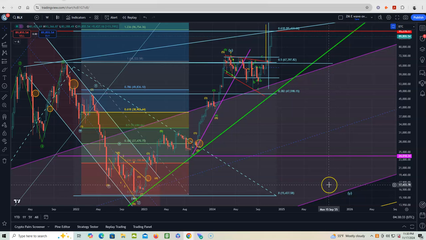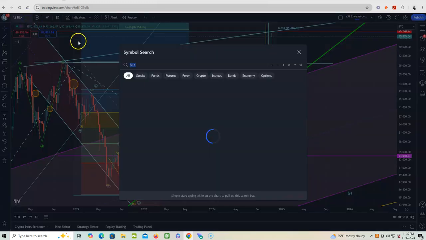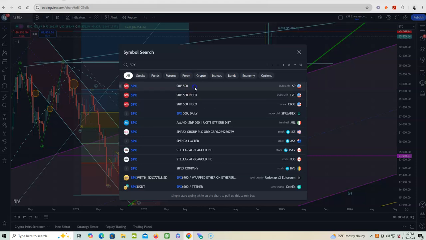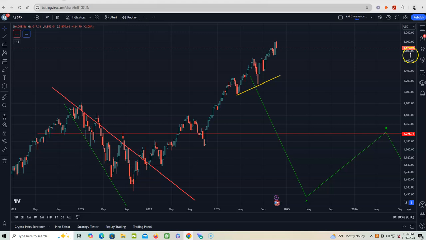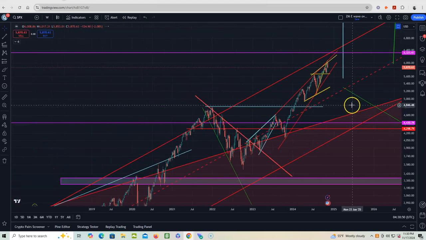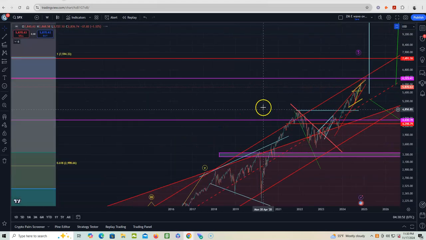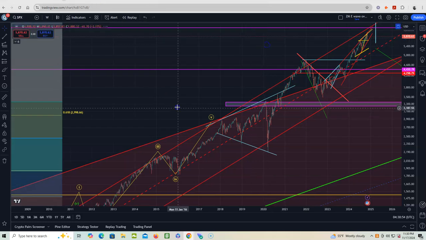And for those who have objections to such a thing, I want you to take a look at the S&P 500, which, by the way, right now Bitcoin is, was it the 5th largest asset in the world?